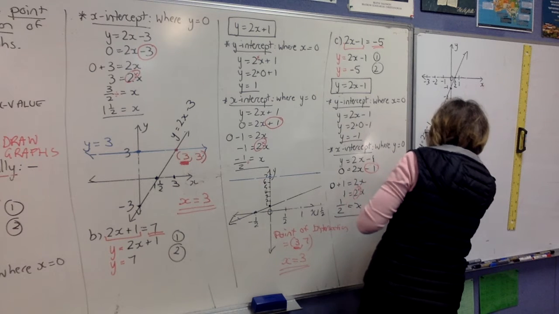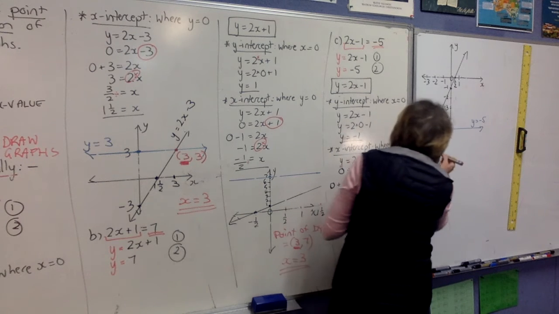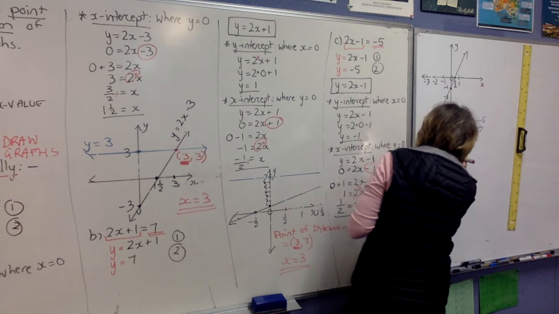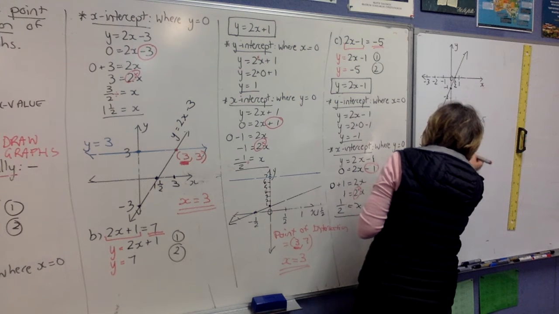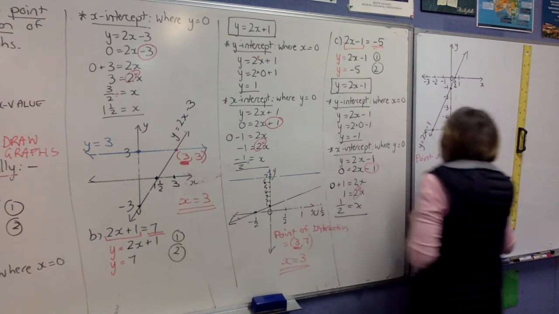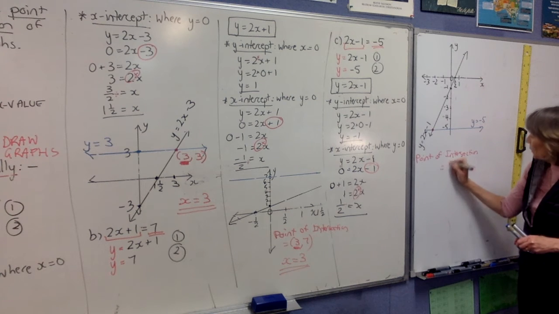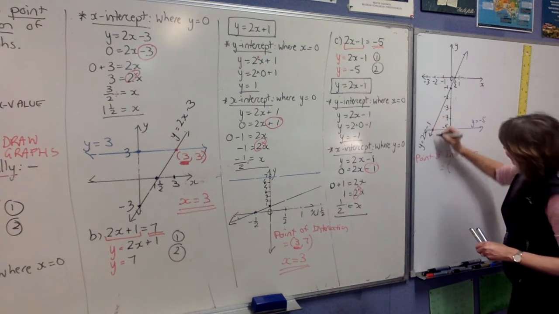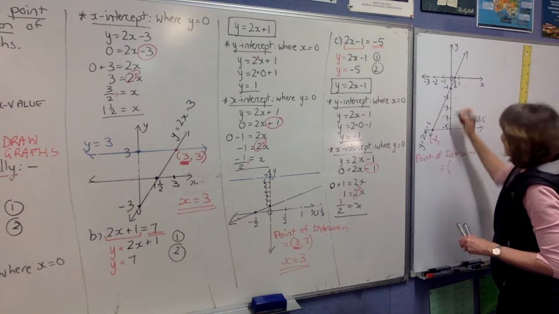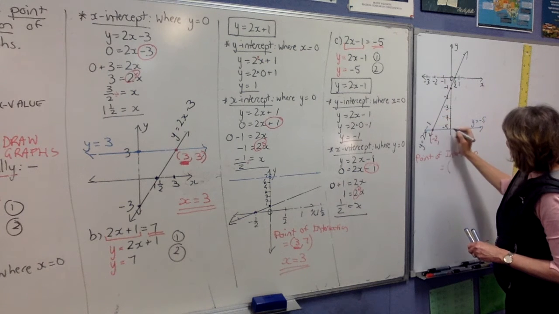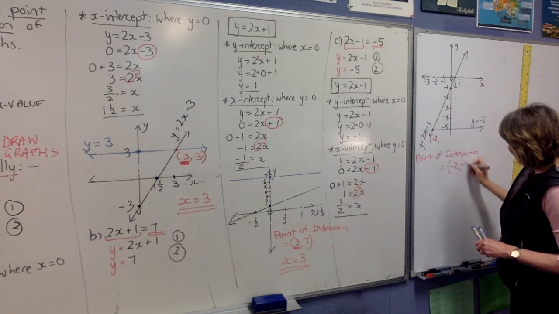Let's write that a bit clearer. Okay, now I think the point of intersection looks like it's lining up with the -2. So that point I think is -2, -5.